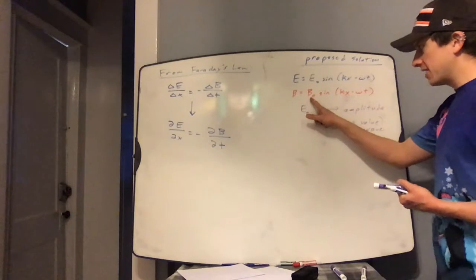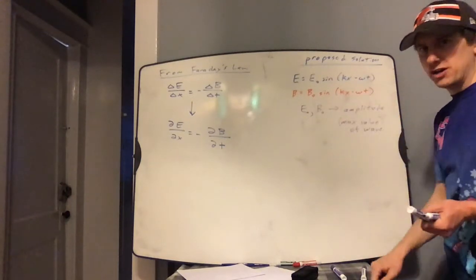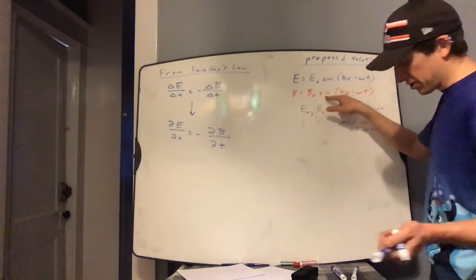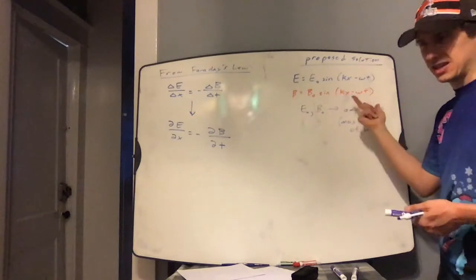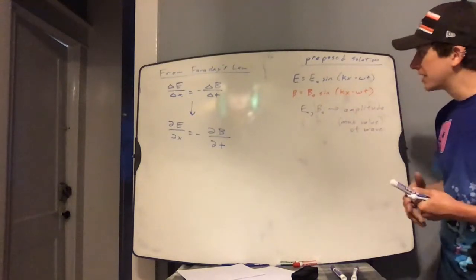Sometimes the wave will be at its maximum value. That's when the sine of this angle is going to be 1. Sometimes the wave is going to be less than the max value, and during those times, sine of kx minus omega t is going to be some number less than 1.